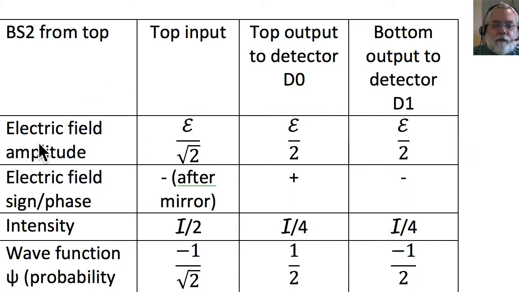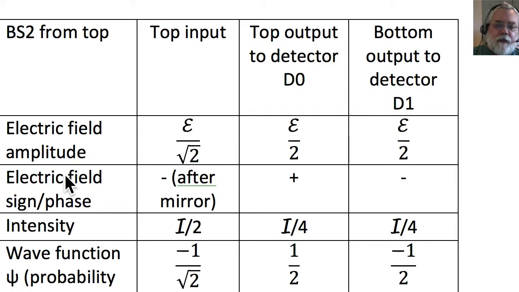Now the electric field amplitude in the top path was E over square root 2, and that amplitude is going to get an additional factor of 1 over square root 2 as it gets split. So E over square root 2 times 1 over square root 2 is E over 2, and that is the electric field amplitude on the path to detector D0 and on the path to detector D1.